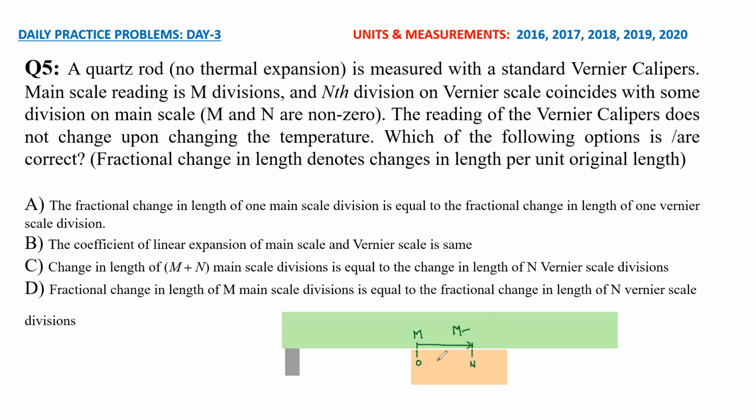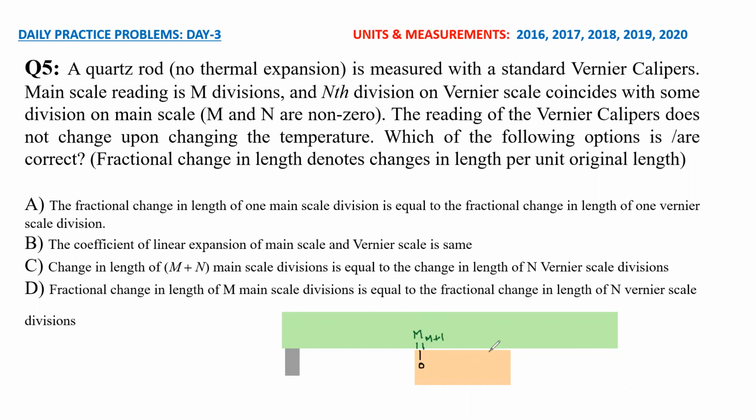if the vernier further moves from here, if I move the vernier slowly a bit further in order to accommodate the object, then the 0 of the vernier will slightly be ahead of the mth division. So if the 0 of the vernier is between m and m plus 1 on the main scale, we take m as the main scale reading.